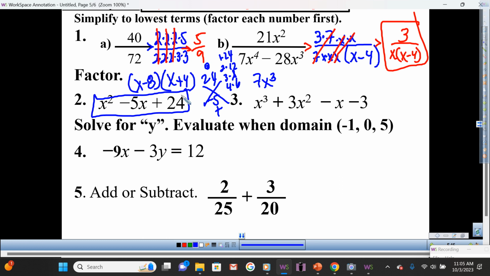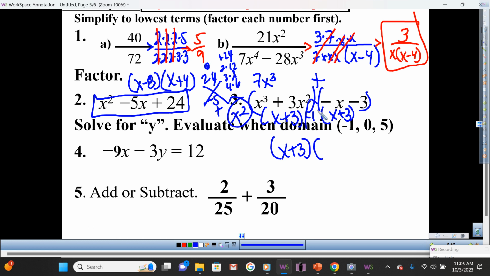All right. Go to this one. Group. GCF for these is x squared. We're left with x plus 3. GCF for this one is negative 1, and we're left with x plus 3. Therefore, my factors are x plus 3. What's left? X squared minus 1. Do you see a red flag there, though?